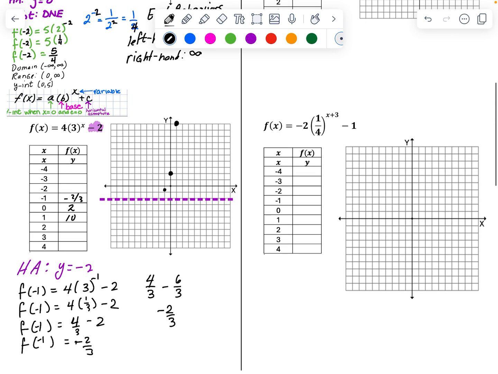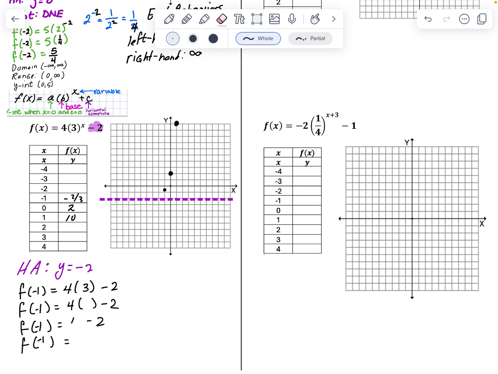Okay. And then let's let x be negative 2. We'll just do this one more time. See how horrible this is going to become. Negative 2 means the power is negative 2. That means this is 1/9. That means this is 4/9.